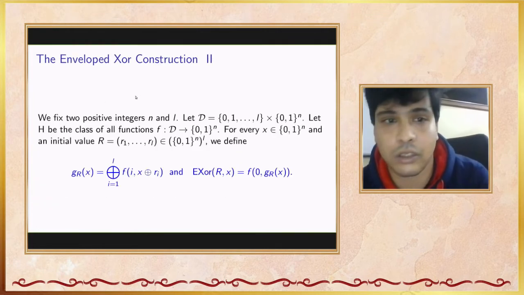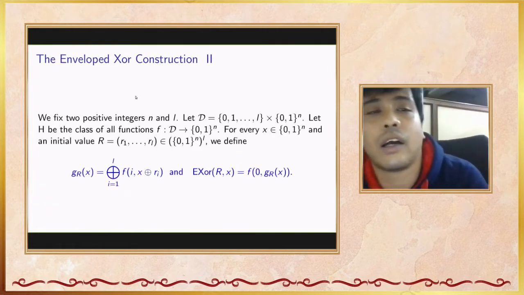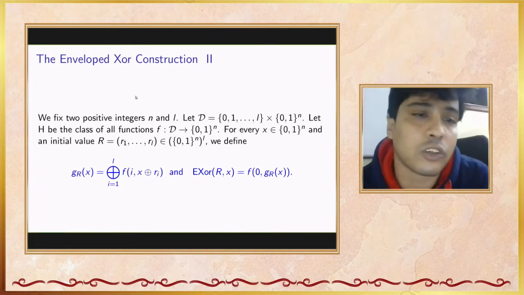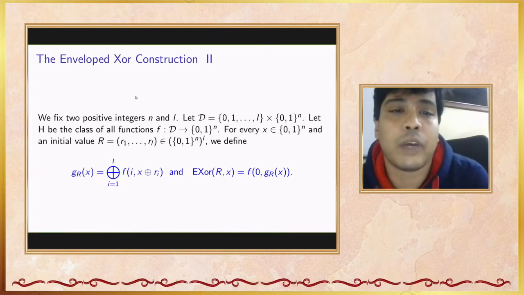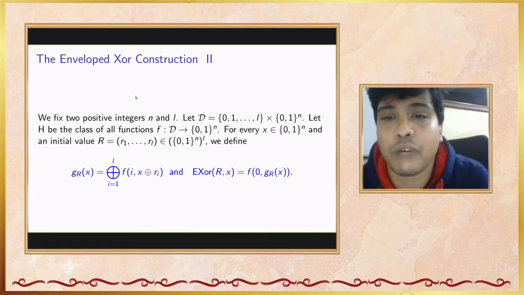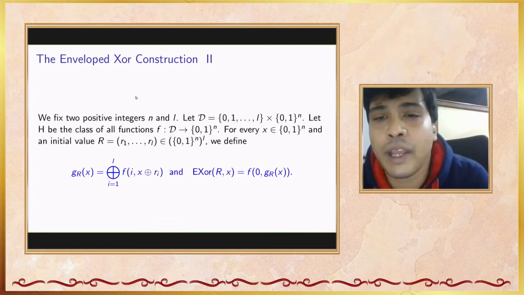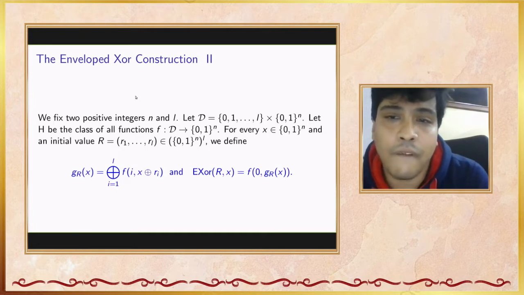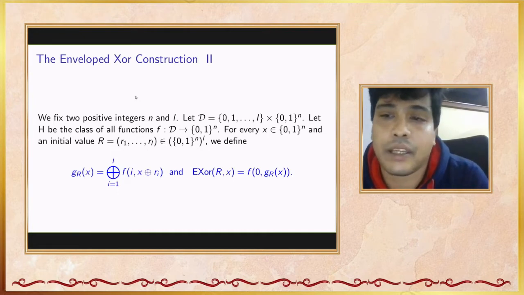This is the enveloped XOR. They introduce the enveloped XOR construction. Informally, it can be described in the following way. Its domain is the integer set 0 to L cross product with the binary bit strings of length n.